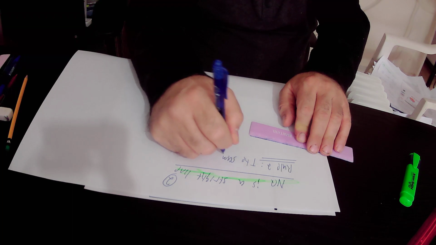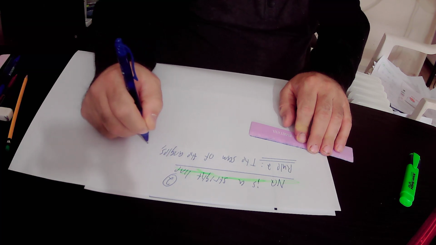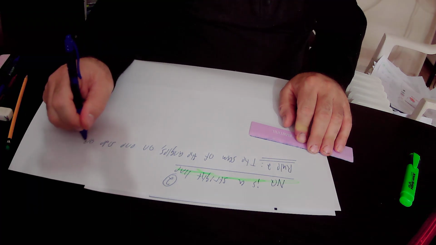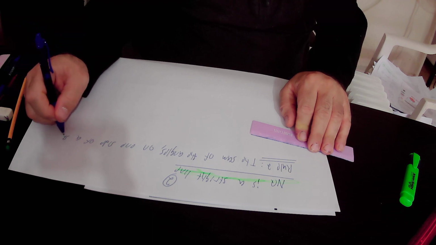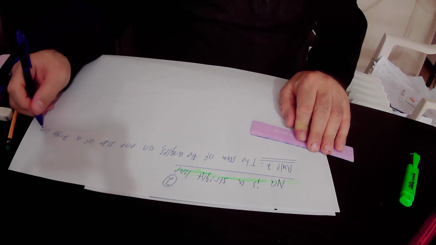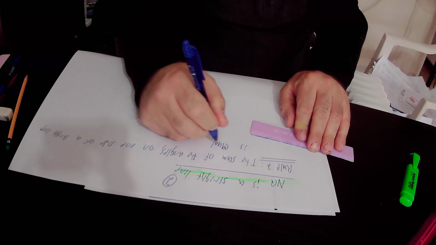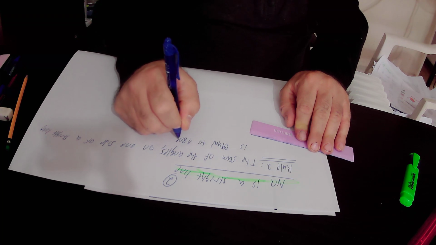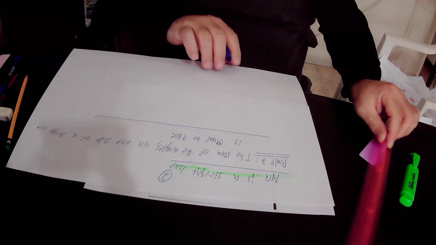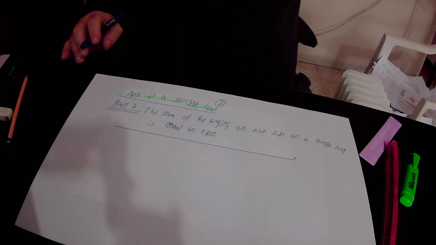The sum of the angles on one side of a straight line is equal to 180 degrees. I repeat again, according to rule number 2, the sum of the angles on one side of a straight line is equal to 180 degrees.